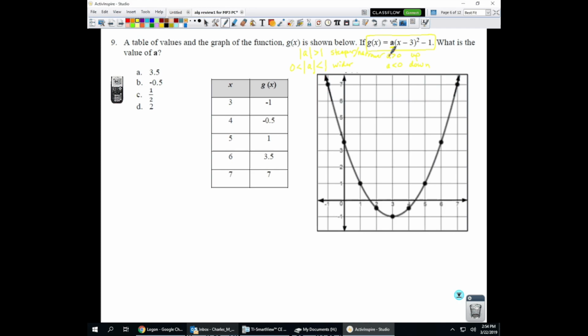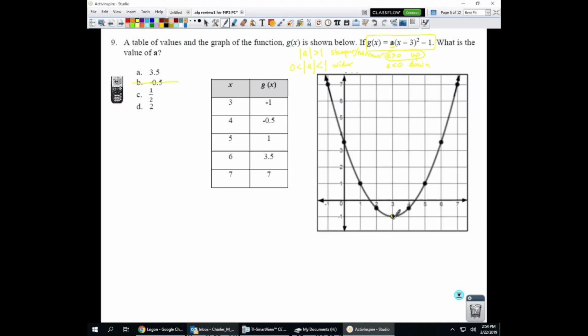So I like to look at the graph to determine the a value. I know it's going to be positive because it opens up, so I can immediately eliminate this negative choice. It's hard to tell with this graph if it really was any narrower or wider than the parent graph.